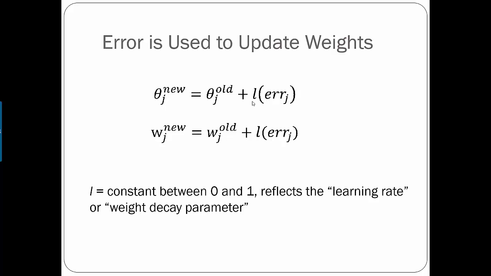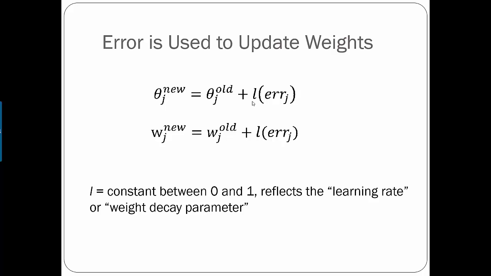And if you have larger values of L, then the changes to weights would be large, and because of that there will be too much oscillation. The weights will go up and down, so one may skip an optimum value because you're changing the weights way too much from one iteration to the next.